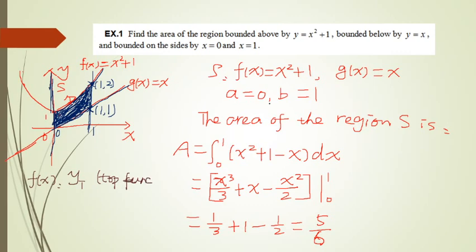Because for those two given functions, you need to figure out which one is greater than the other from a to b. So we use y_T, with T as a subscript, capital letter T. And we can give the smaller function g as the bottom function. We call it y_B, which is the bottom function.